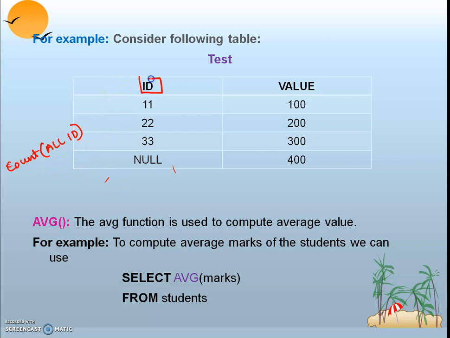Which attribute is it considering? Only ID, and the number of records are 1, 2, 3 and 4 because it's going to count null as well. So the output is 4. And if I write count star of the test, it's going to give the output again as 4, taking both the attributes into consideration. So let's move on.